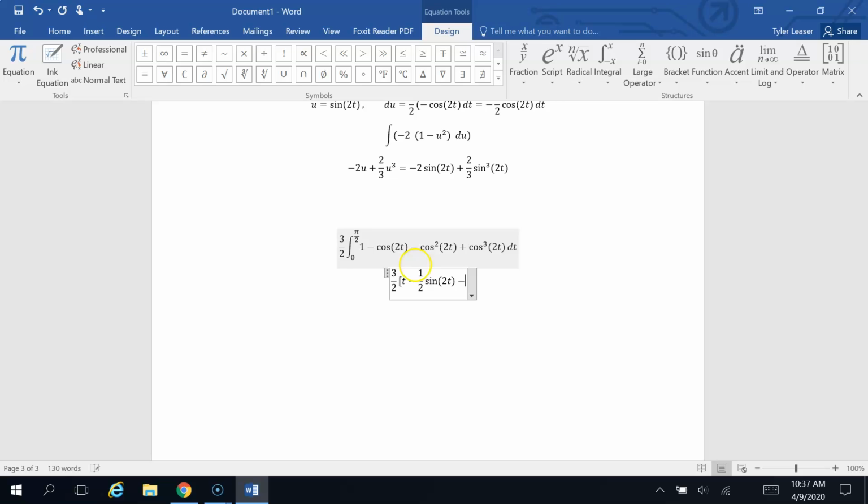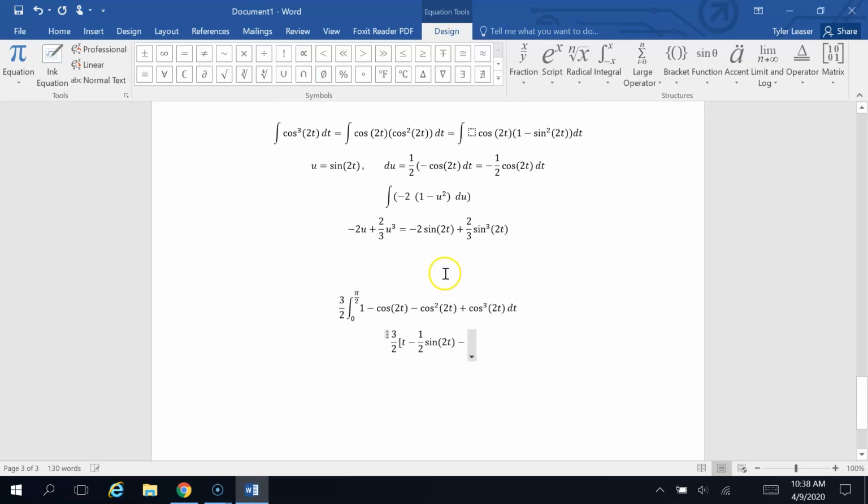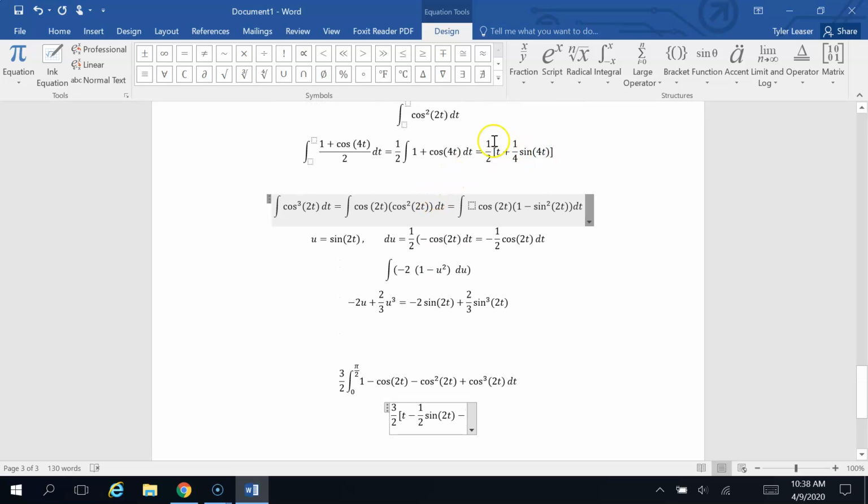Then we're going to have minus the antiderivative of cosine squared we had found up here. This was the antiderivative of cosine squared. So minus 1/2 times t plus 1/4 sine of 4t. Okay? And then that plus cosine cubed, which had this antiderivative: negative 2 sine 2t plus 2/3 sine cubed of 2t.